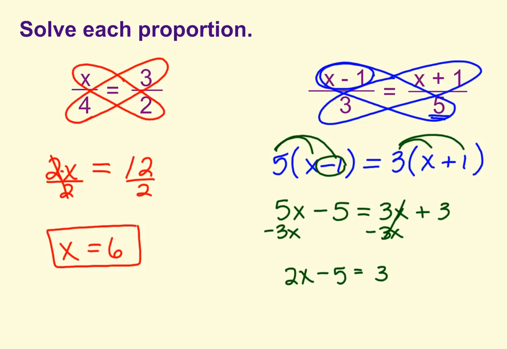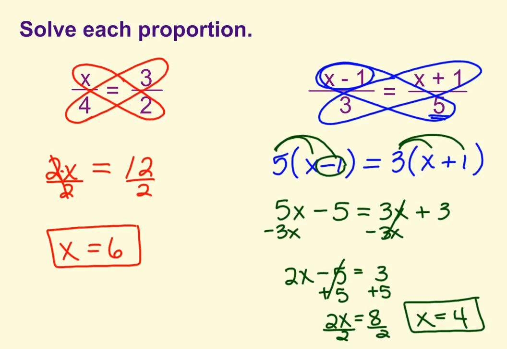To solve this, we have to get that 5 to the other side, so we'll go ahead and add 5. So we have 2x equals 8, and then 2 times x, last step is divide by 2. 8 divided by 2 is 4, so we have x equals 4. And that's how you solve a complex proportion.